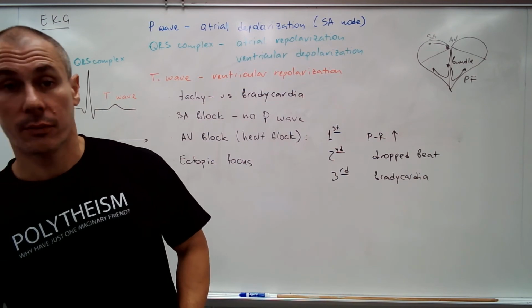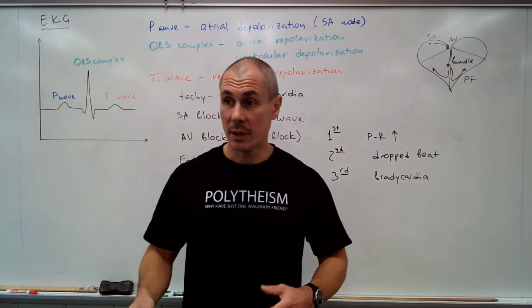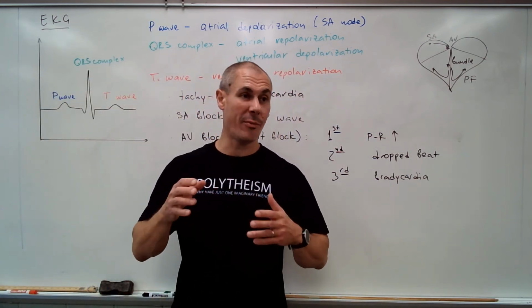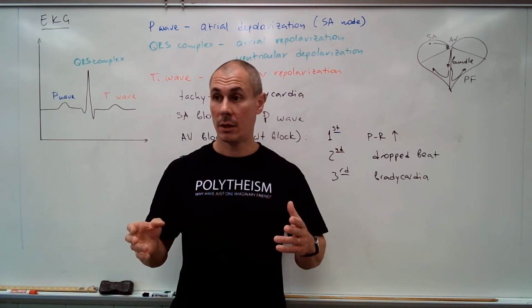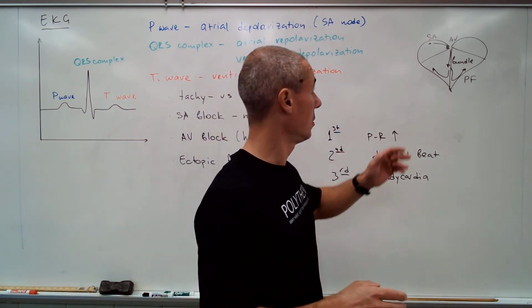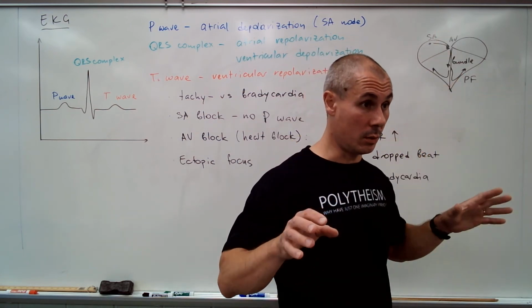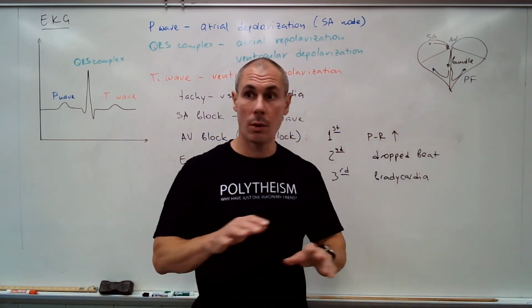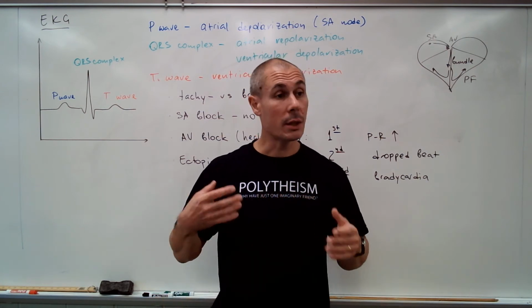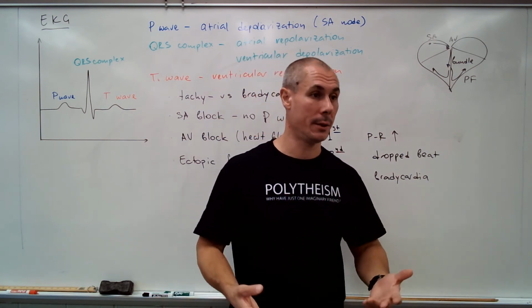So what is ectopic focus? Ectopic focus happens when you have pacemaker cells that are not in the conduction system. They just spread through the wall. Normally they play no role at all, but in some cases they can be stimulated.